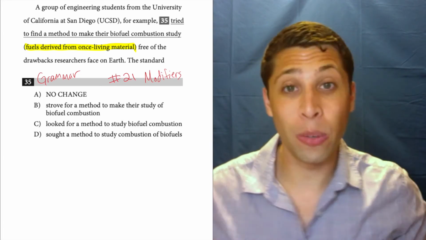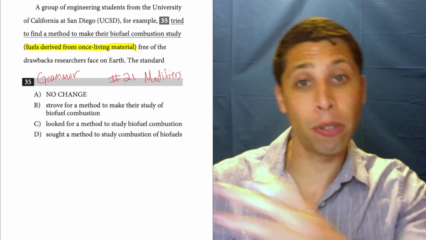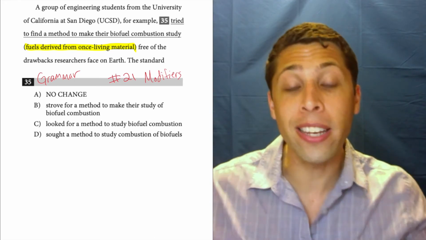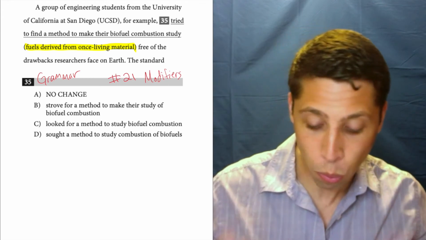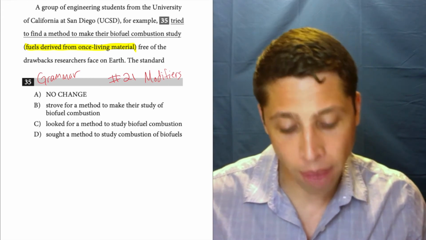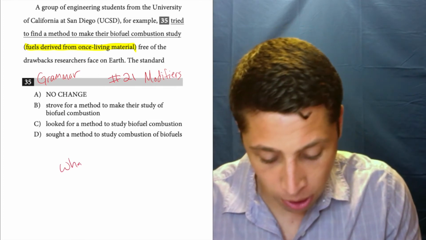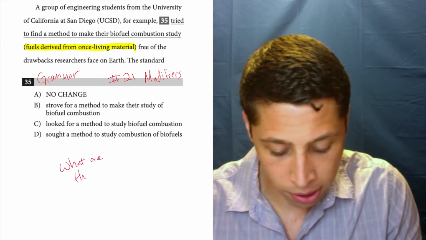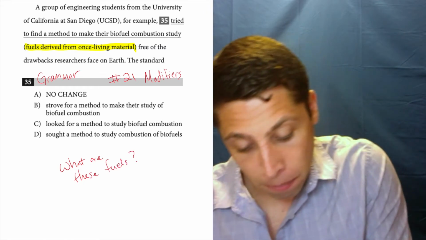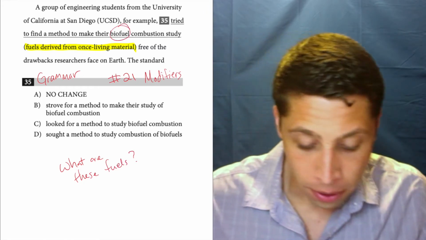And in question 21, we turned our description into a question, and the answer to the question was the thing that needs to be right up next to that description. So what is the question here? It's what are fuels derived from once living materials? So what are these fuels? Well, they're biofuels.